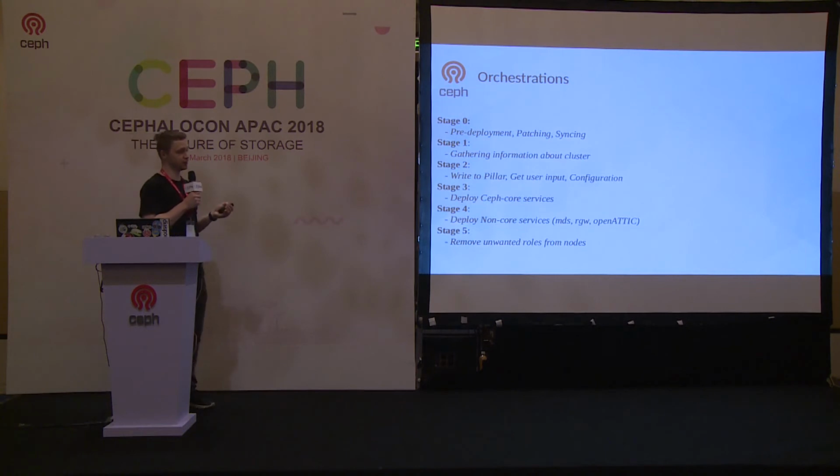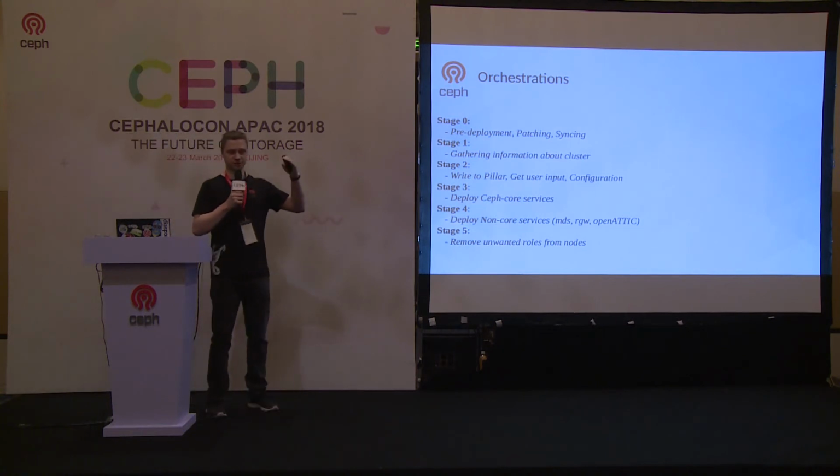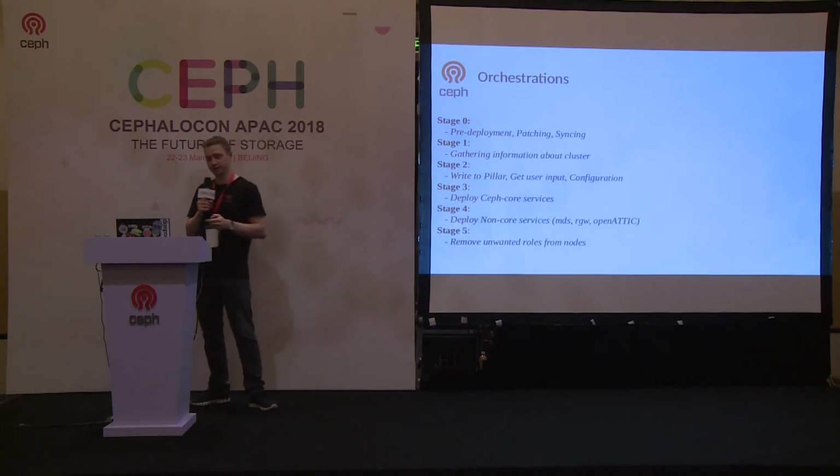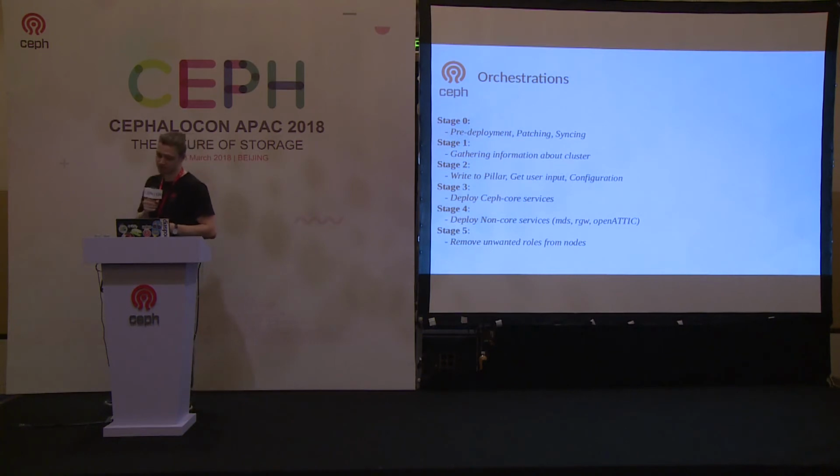You go through different steps, or as we call it, stages 0 to 5, so 6 in number. When you walk through these stages, you will afterwards have a running Ceph cluster. Stage 0 is your pre-deployment stuff.